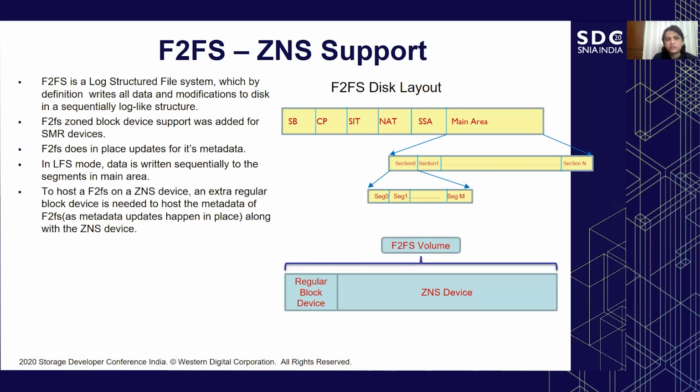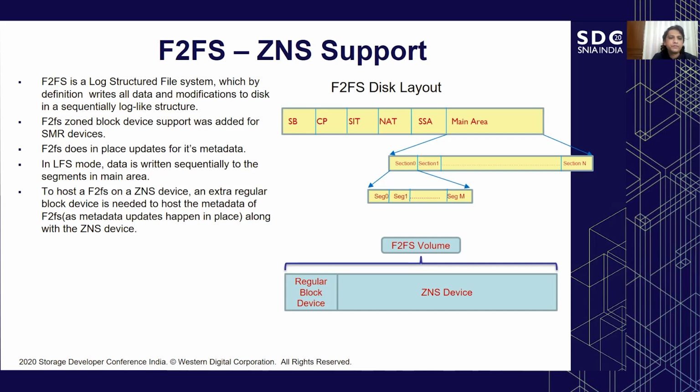What I have added is the support to work with zone capacity. SMR devices don't have the zone capacity concept. Zone size is what they have, but in ZNS there is this concept of zone capacity. So, to accommodate zone capacity, we needed to add some support in the F2FS file system.